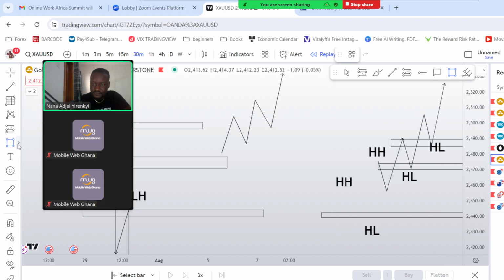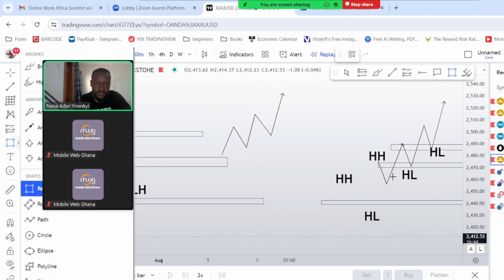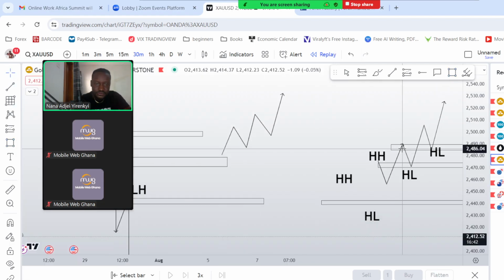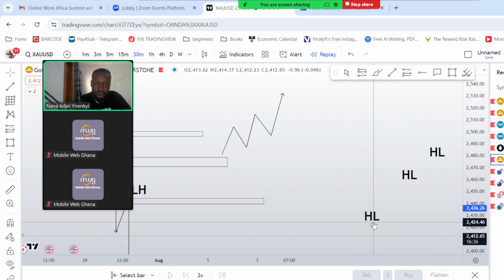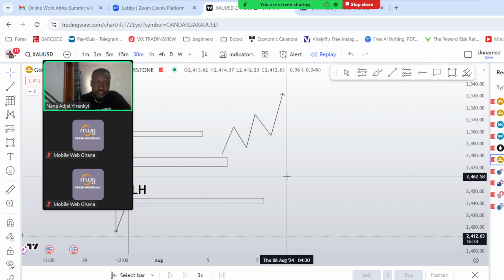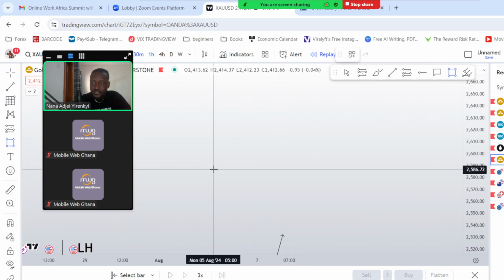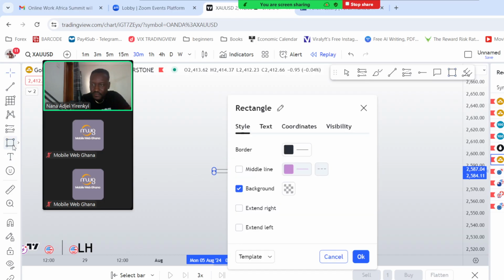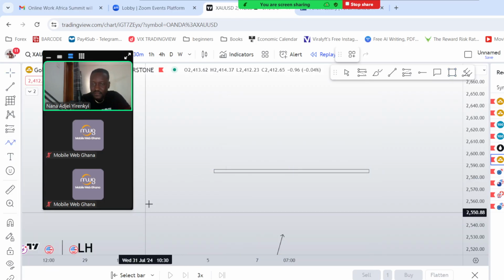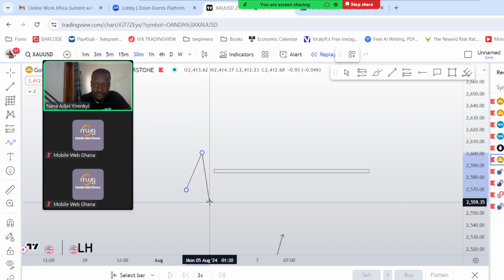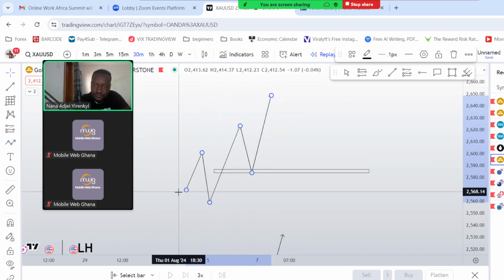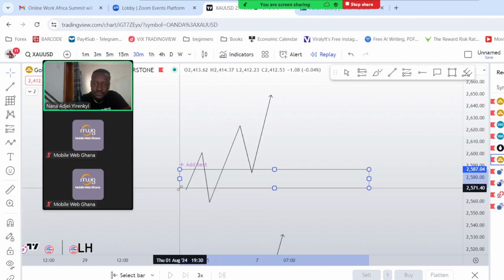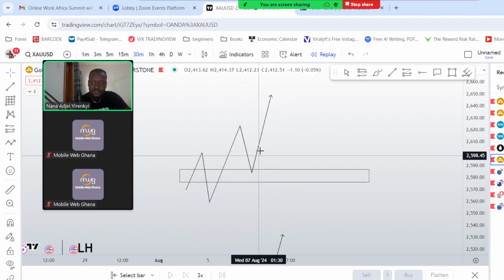All right, let me just use a fresh chart so that you can understand all this clearly. So let's say you've marked out a support area. You've identified an uptrend, price is respecting the support area and pushing up nicely. So maybe you've marked out a support area nicely like this. So we're expecting price to push up.